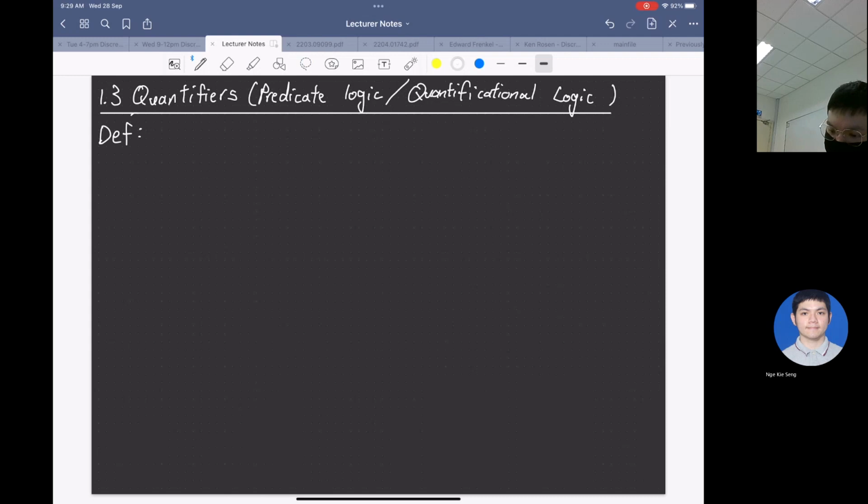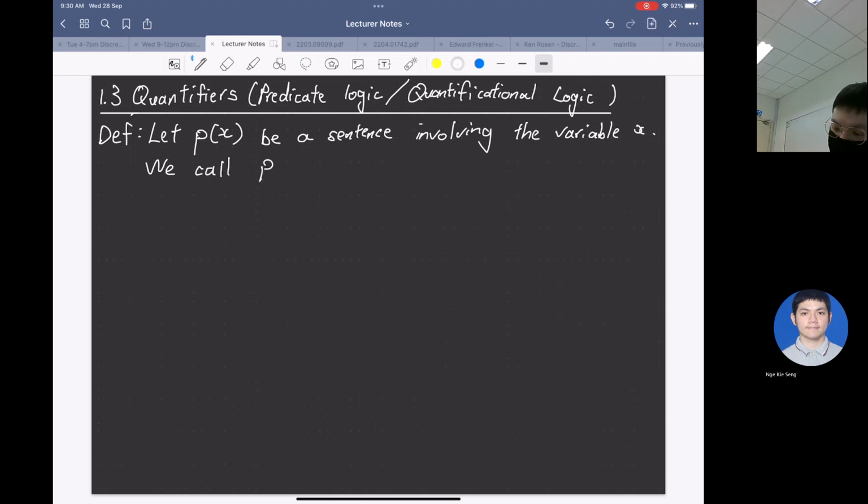So, definition. We have a sentence P(x), a sentence involving the variable x. We call P the predicate, and x is the subject that can change.